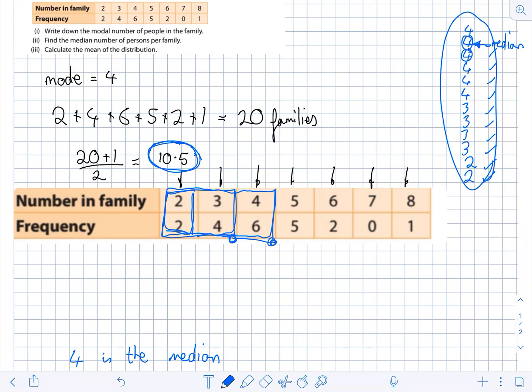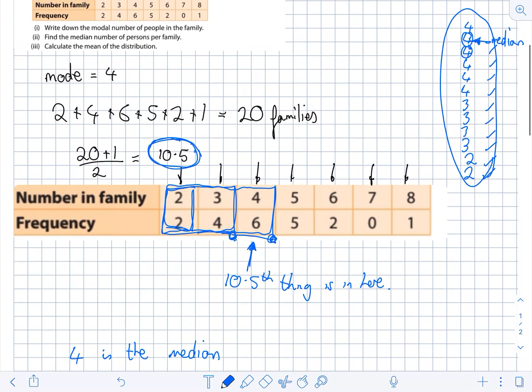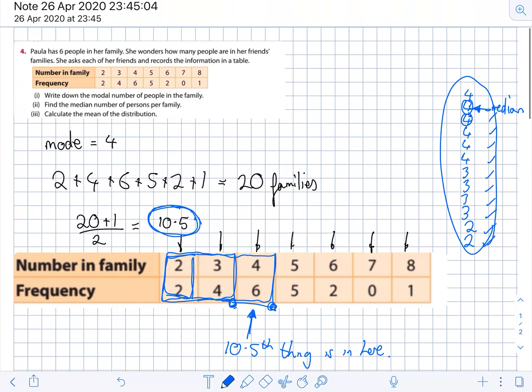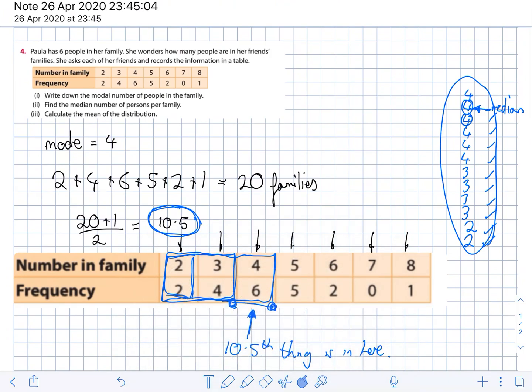And we went from 6 to 12 between here and here. So therefore the 10.5 thing that we would list would be in here. Okay, I get that this is very weird stuff, that you would much rather be dealing with lists, but unfortunately we cannot always deal with lists. Sometimes we will be given frequency tables that are impossible to turn into lists. Or not impossible, but would take us far too long to do that.